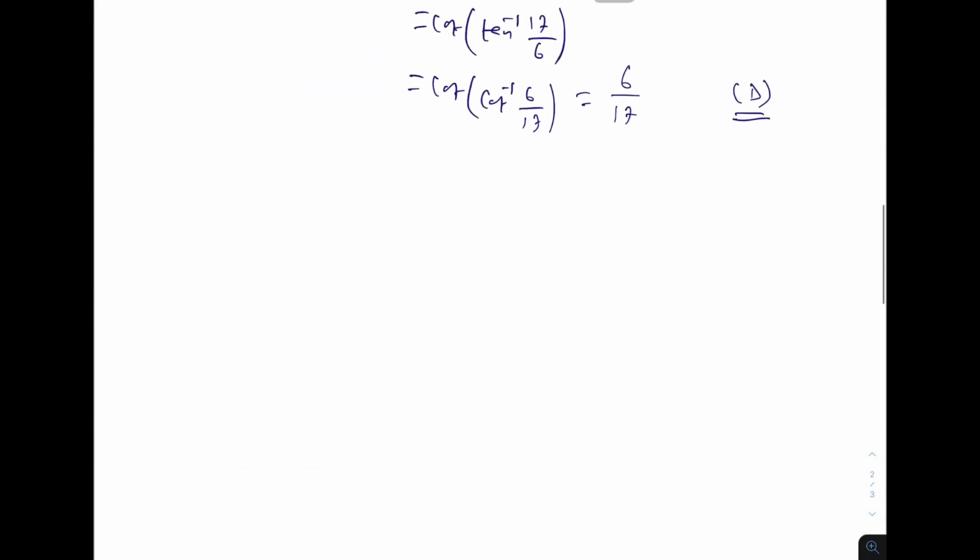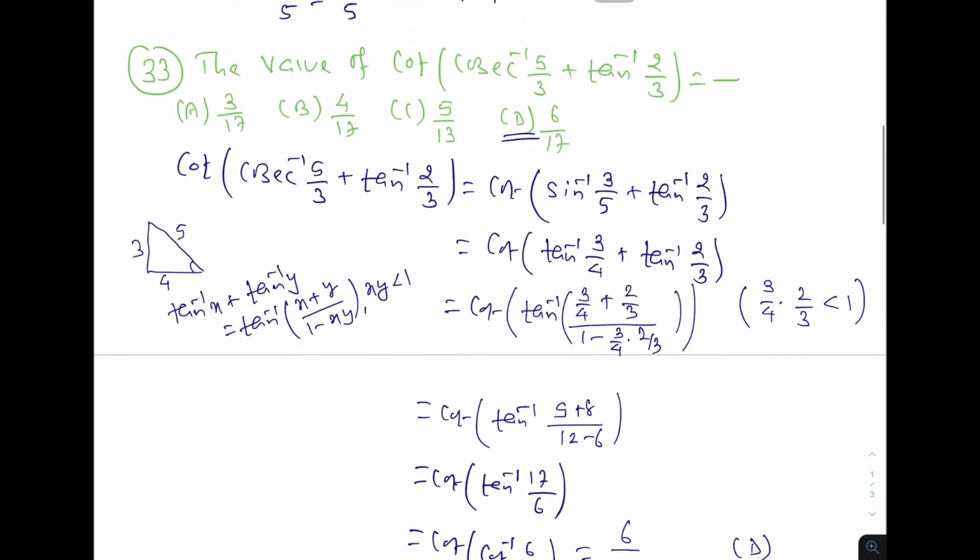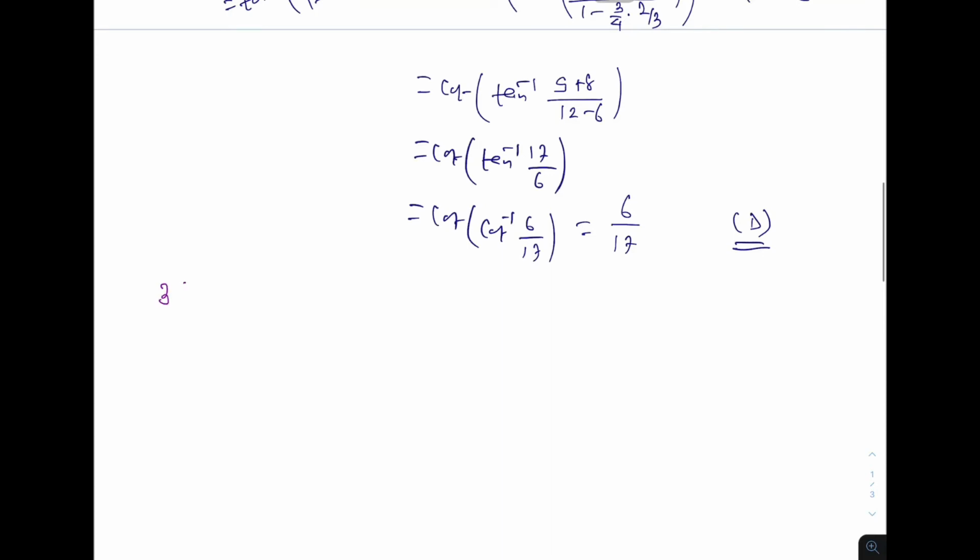Okay. Next let us see tan of 2 cosine inverse 3 by 5 is blank.